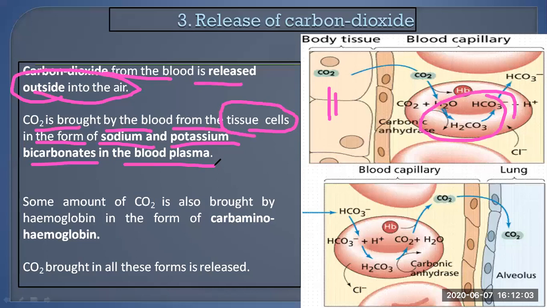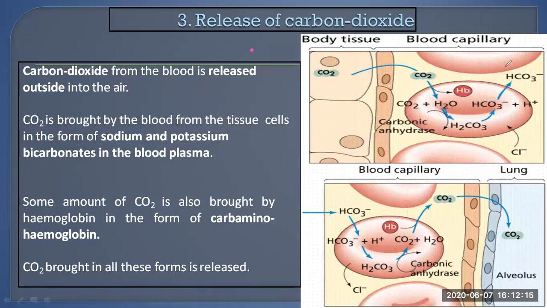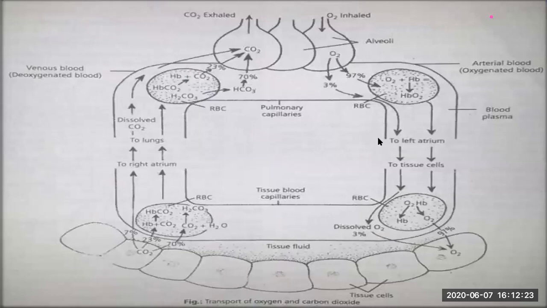So this CO2 from the tissue cells goes through the sodium potassium bicarbonate, meaning a maximum of 70% of blood transport is in the form of bicarbonate. If you are not understanding, we can see the next slide, then you can easily understand. Here it is given that 70% is transported in the form of H2CO3, meaning bicarbonate.